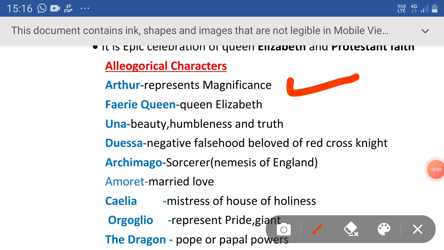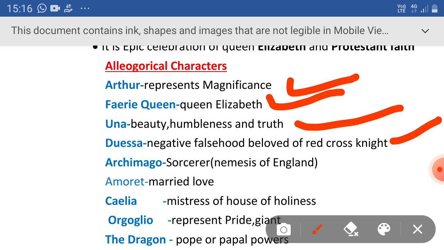Arthur represents magnificence. Fairy Queen represents Queen Elizabeth. Una represents beauty, humbleness, and truth. Duessa represents falsehood, beloved of Red Cross Knight. Archimago represents sorcerer, and he is called the nemesis of England.